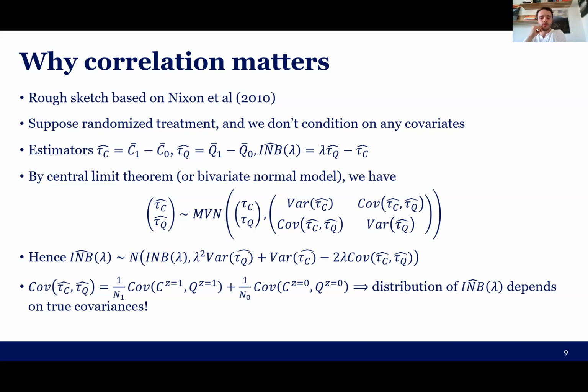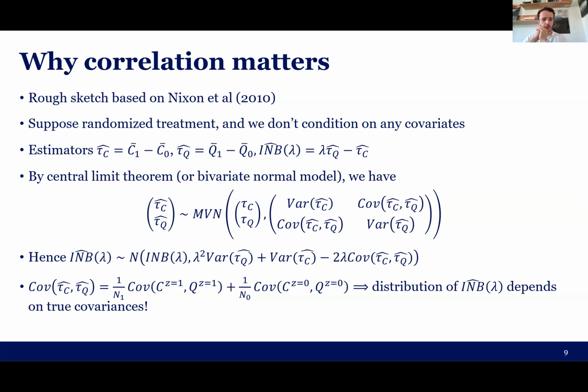In cost effectiveness analysis, it's usual practice to not estimate these two treatment effects on costs and quality separately, but to estimate them jointly. And there's a reason for that, which I tried to sketch here. Suppose for now that there's actually randomization going on and we don't need to condition on the covariates.